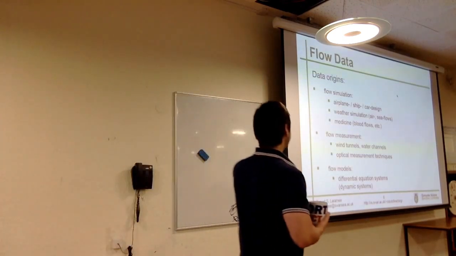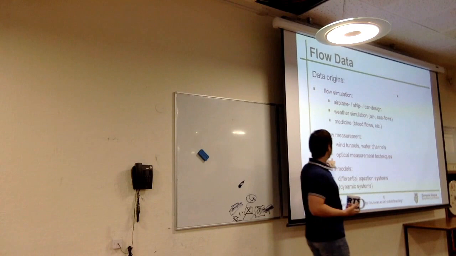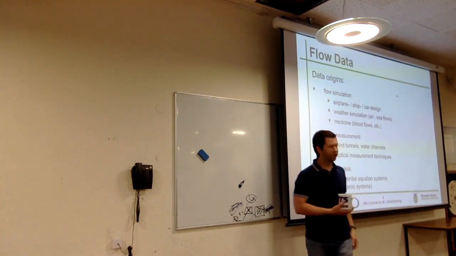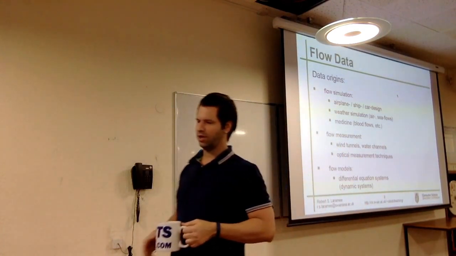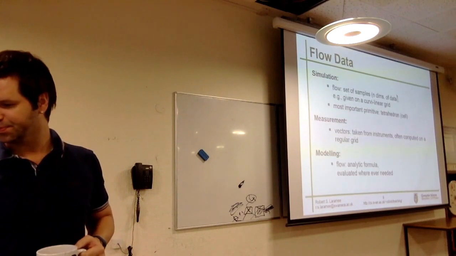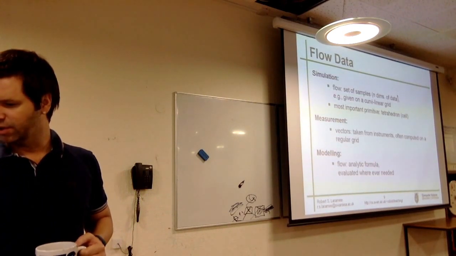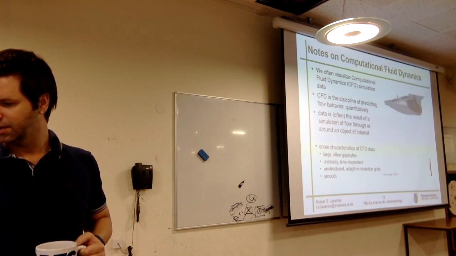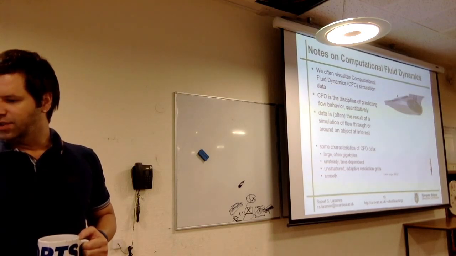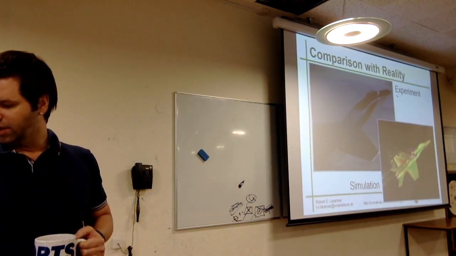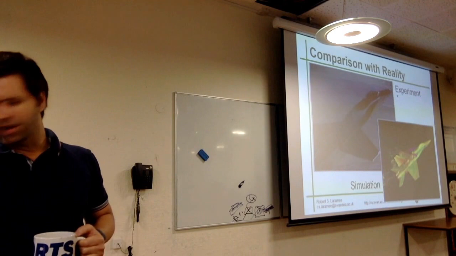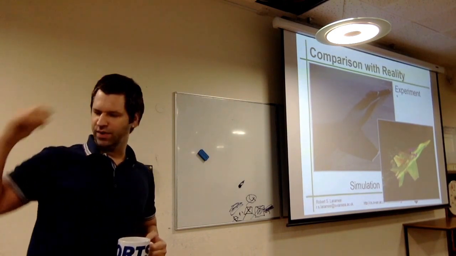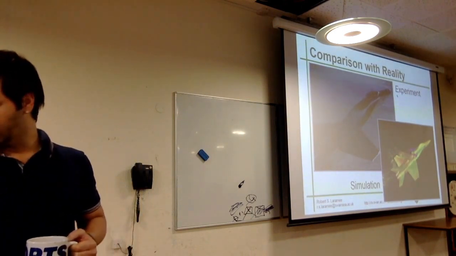So that video we just saw was flow measurements using optical measurement techniques, which we're only going to talk about for a minute or two. Right, simulation, measurement, and modeling. We mentioned CFD. We're going to keep mentioning that. The data that we see in all the videos and the examples comes from CFD.